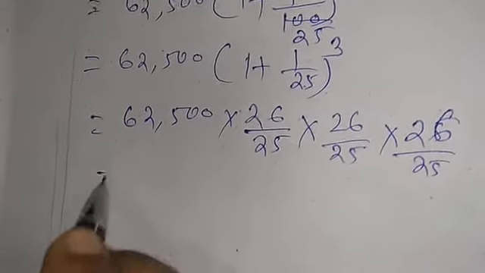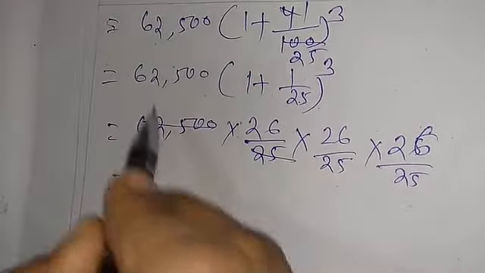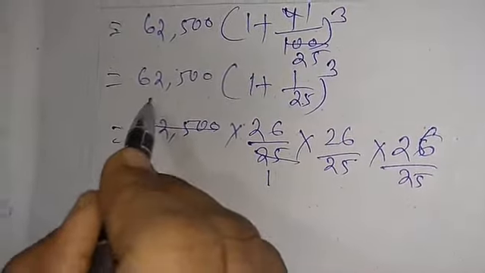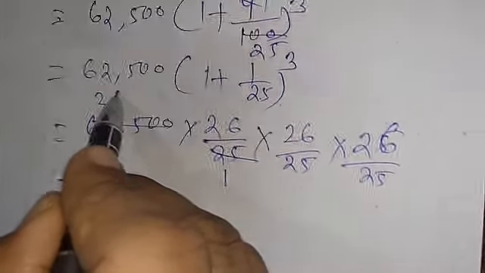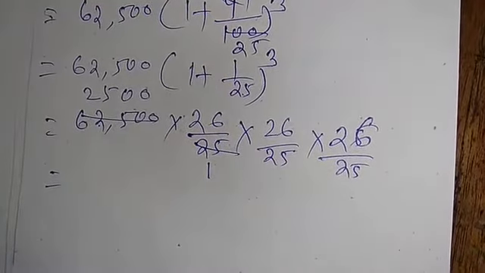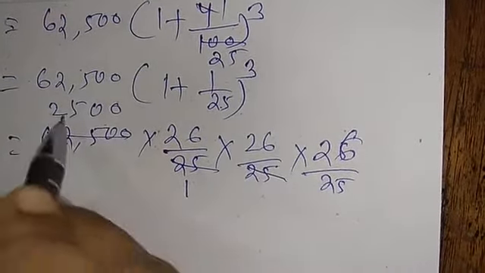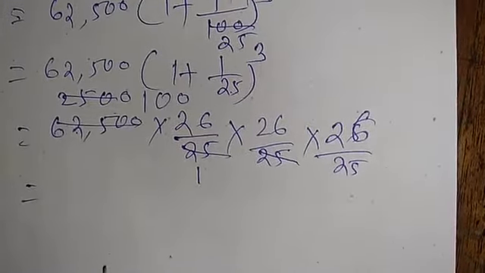Okay, so we solve this one. 25 1 is 25, 25 2 is 50, again 25 5 is 2500. Then 25 1 is 100. Finished.